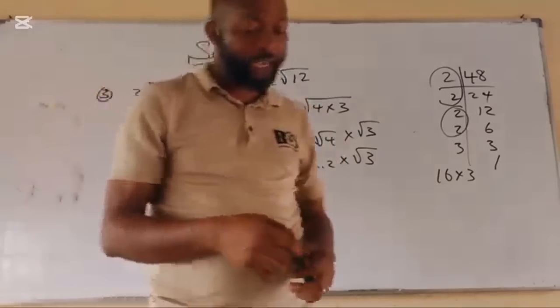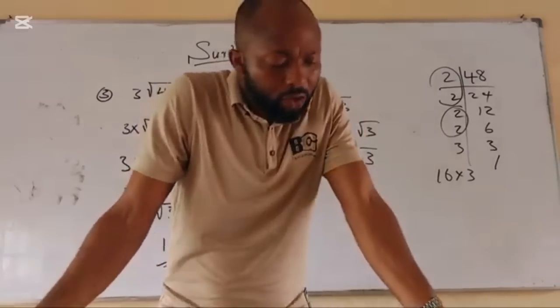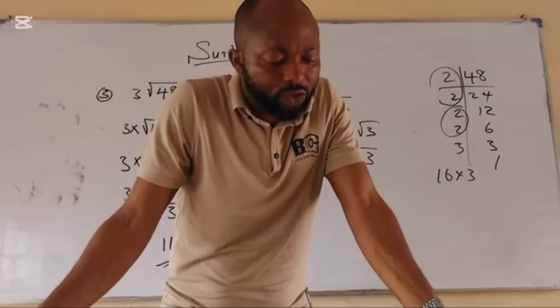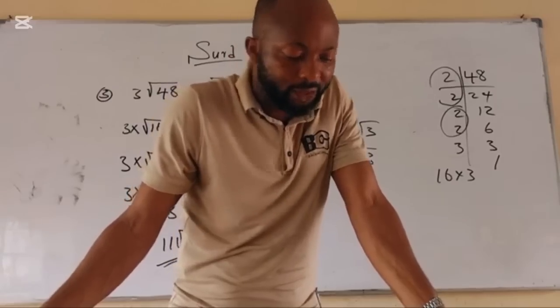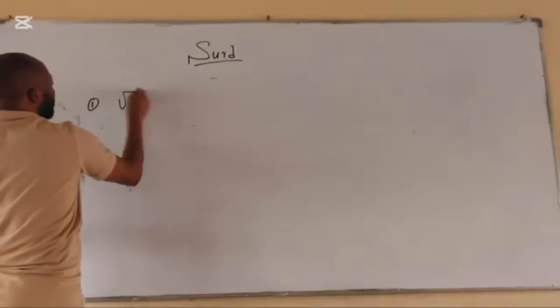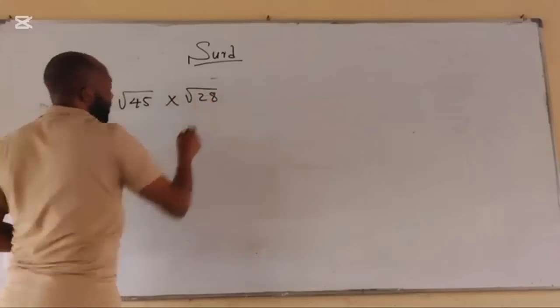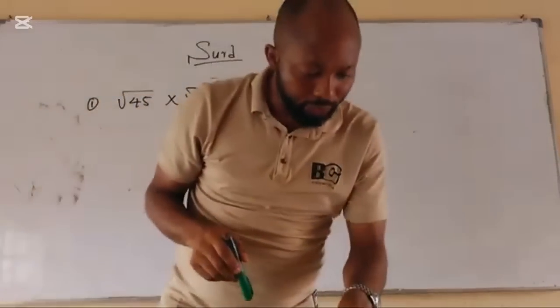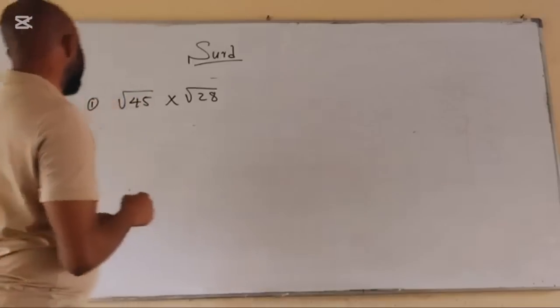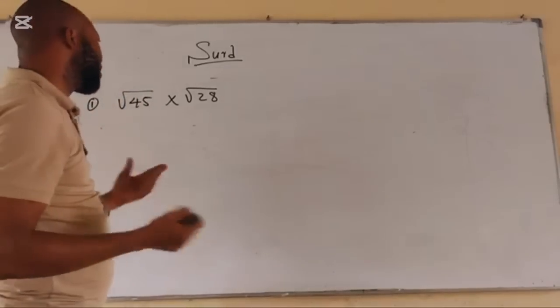So let us take: simplify root 45 times root 28. Okay, in 45, we simplify.